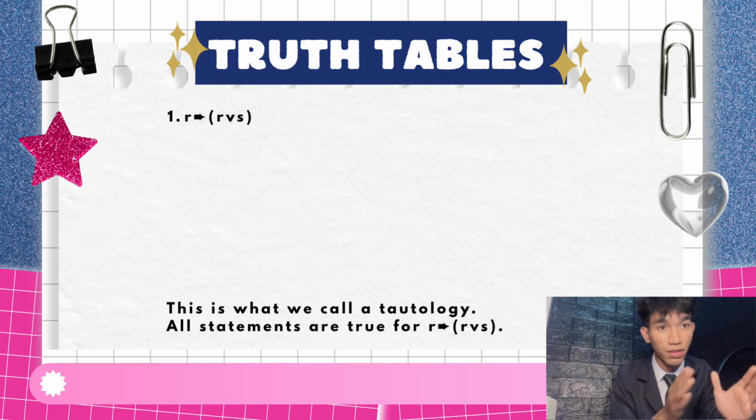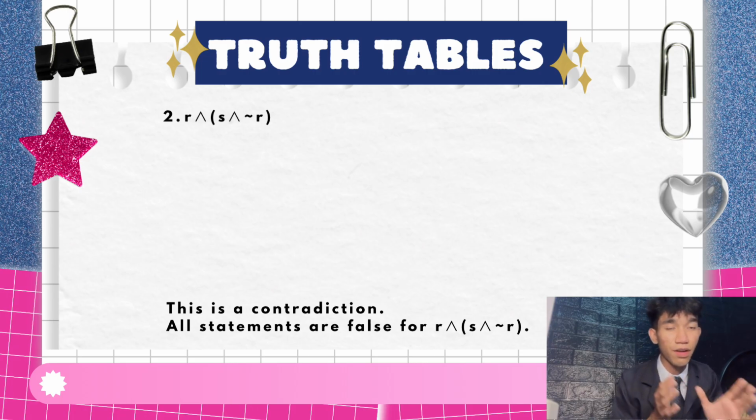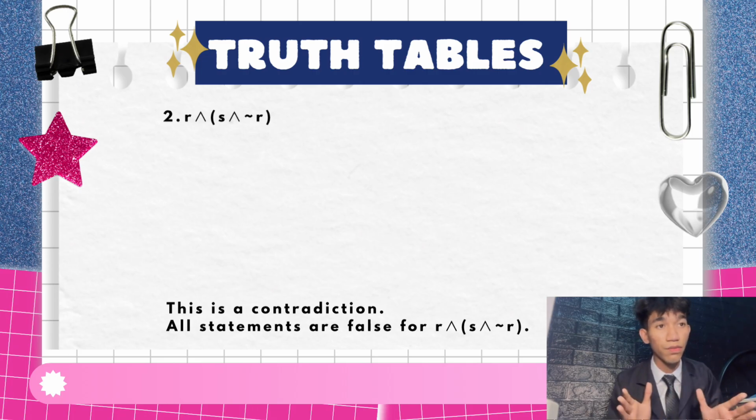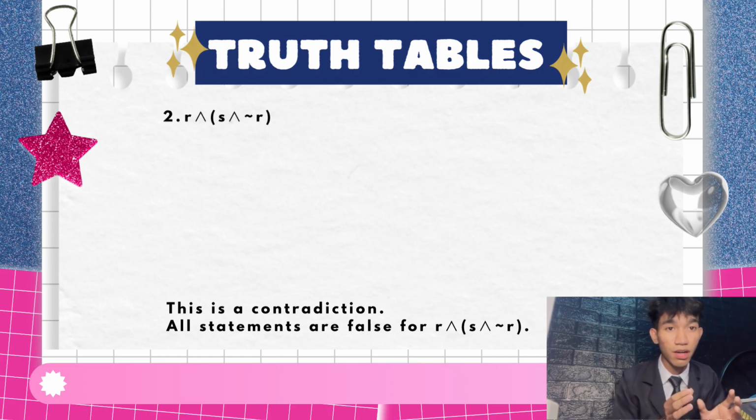Okay, this is the truth table for R and S and negation R. So here you can see the truth value for statements R and S is still the same. For negation R, if the truth value of R is true, then the truth value for negation R will be false.